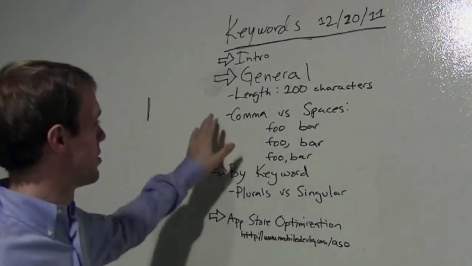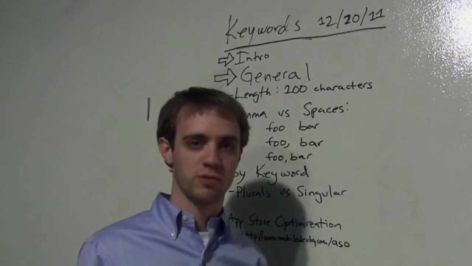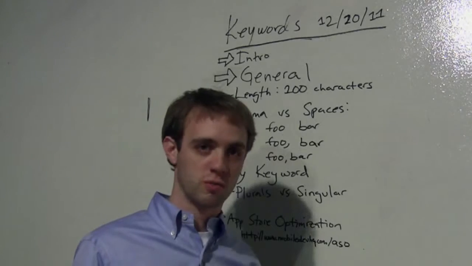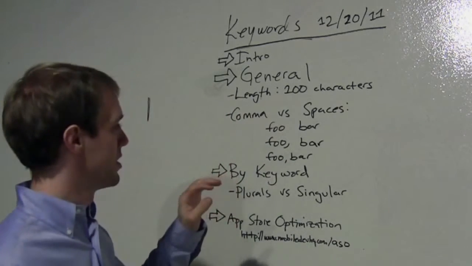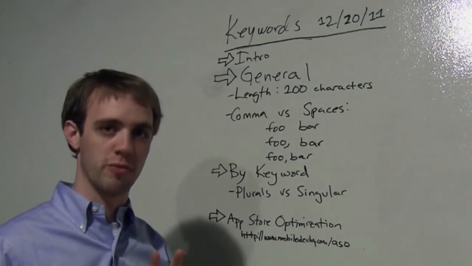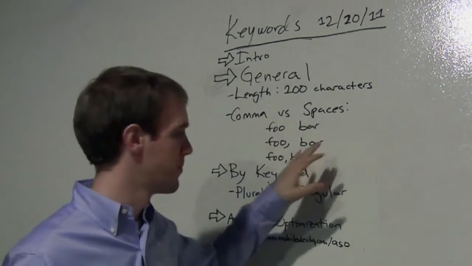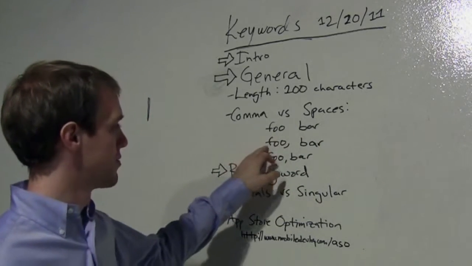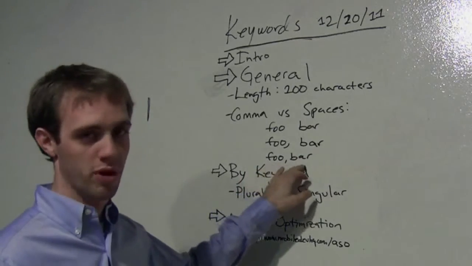The second thing that we want to talk about is commas versus spaces. When length matters, we have to understand where we should spend our characters. So the first option, if we have 2 keywords that we care about, foo and bar, is we could have foo space bar. The second option is foo comma space bar, and the third option would be foo comma bar.